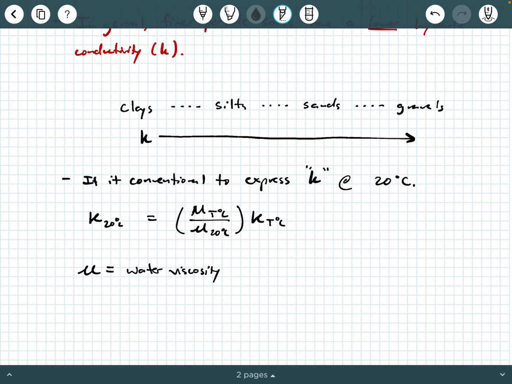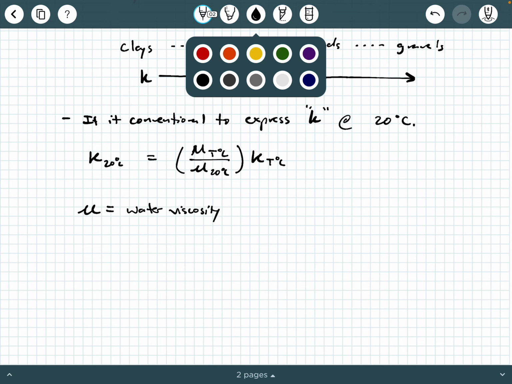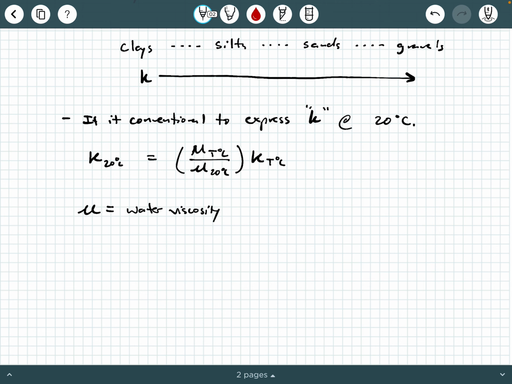Now, another thing that you can define related to all of this is what's called the absolute or intrinsic permeability. So let's write this down.